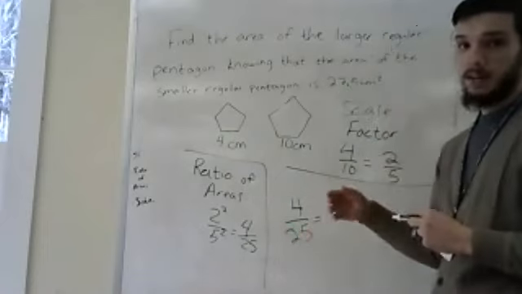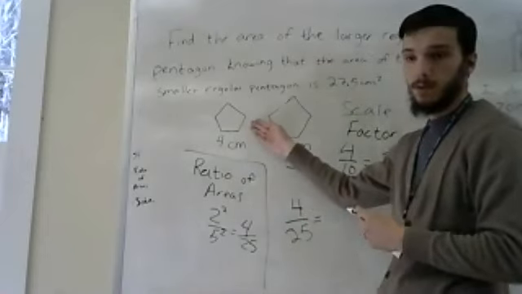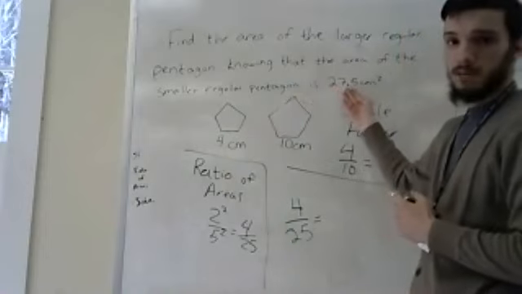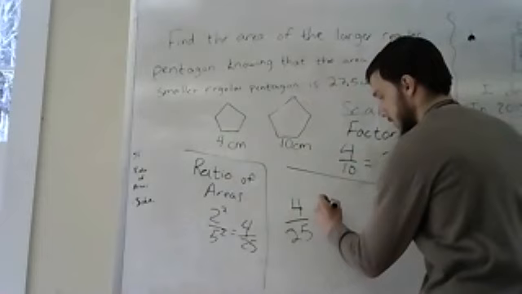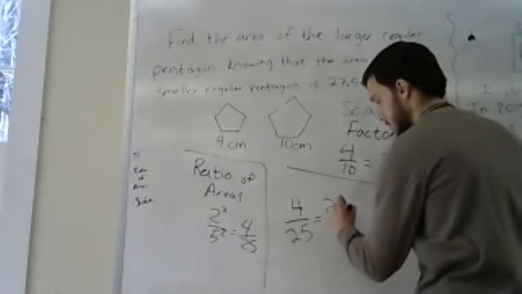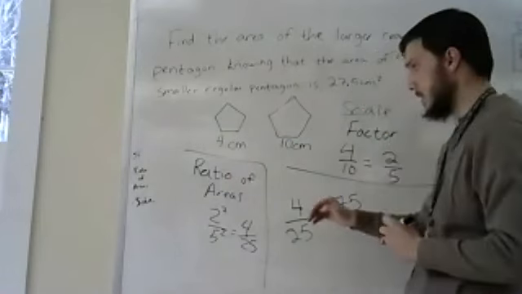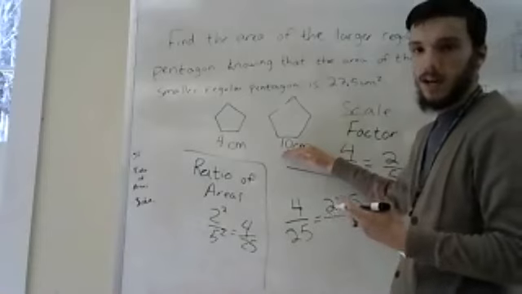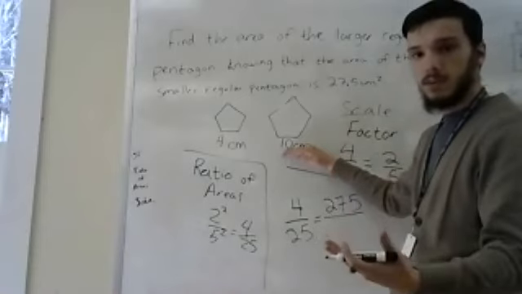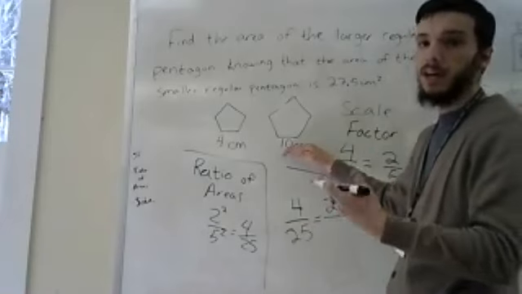And we know that the area corresponding to the pentagon with a length of 4 is 27.5 square centimeters. So we're going to put 27.5 over the area corresponding to our larger pentagon. And that's what we're trying to find. So we don't know what that is yet. So we're just going to represent that by an X.